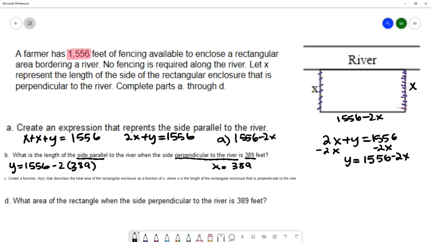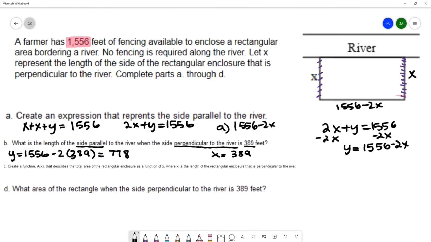I'll use my calculator to work that out. 1,556 minus 2 times 389 is going to give 778. And this is going to be in feet.